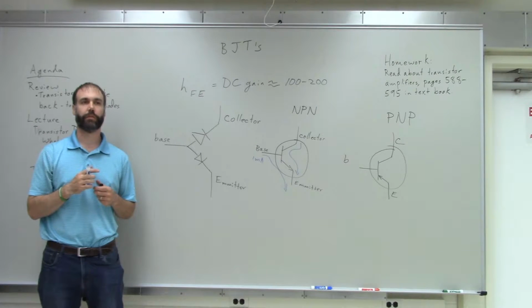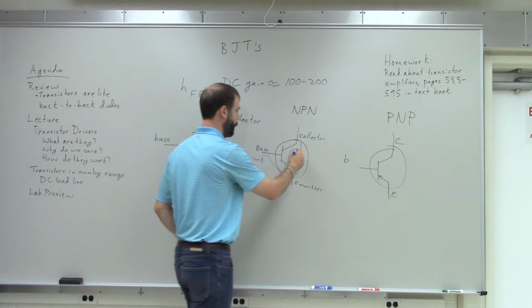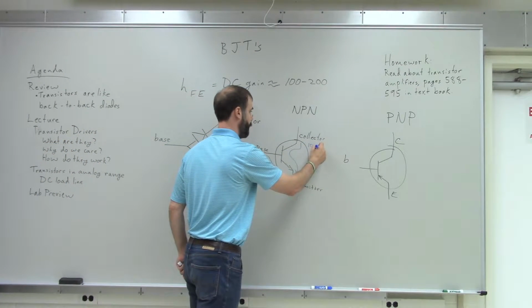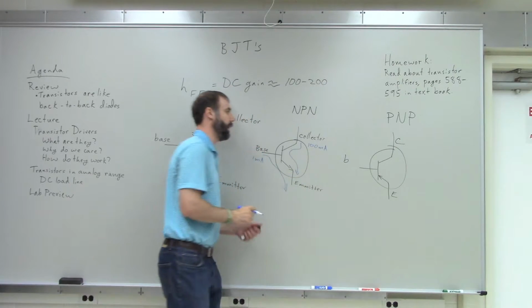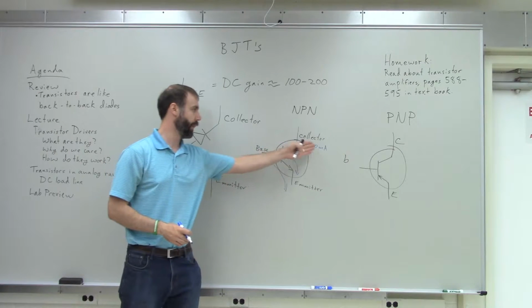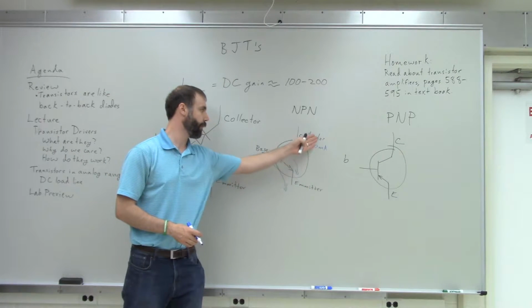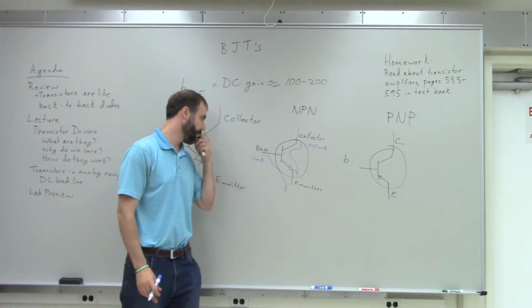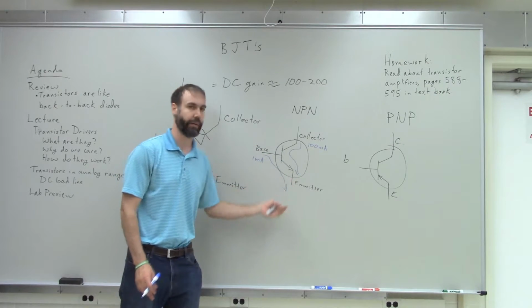What was it? 100 milliamps. Yeah, this could be 100 milliamps, right? That's what the gain means. A gain of 100 means that we can have 100 times more current flowing from the collector to the emitter than we have flowing between the base and the emitter.